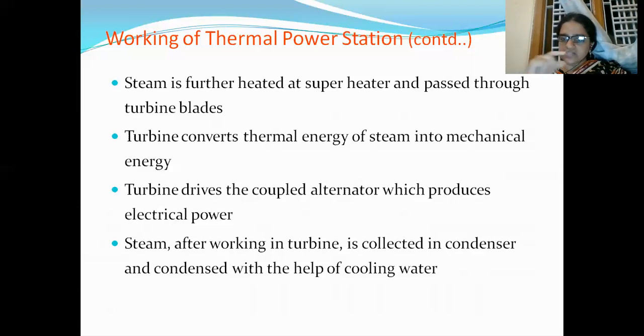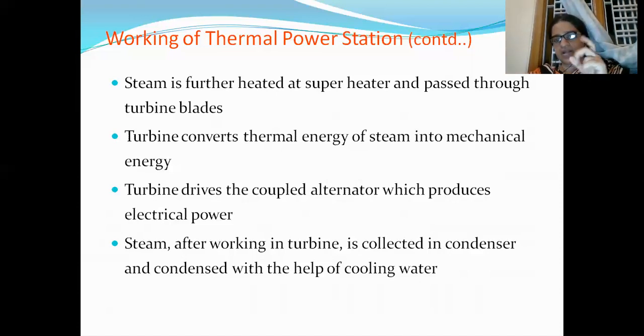Based on the motion of the steam, the blades of the turbine start rotating.